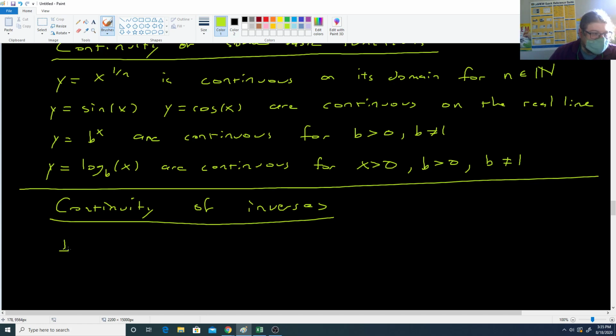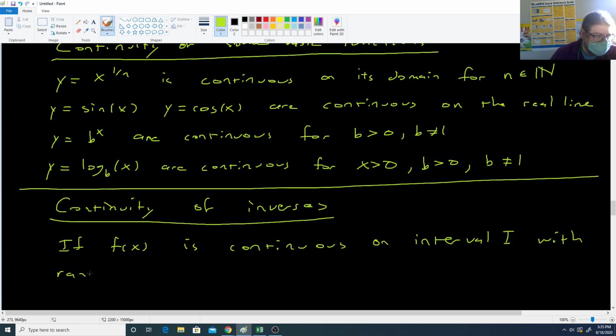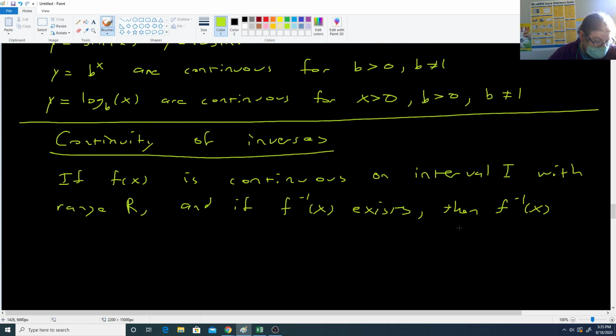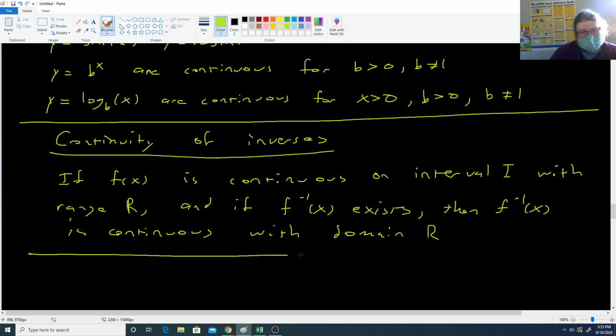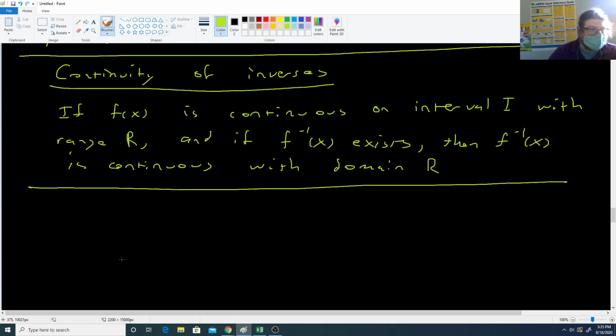So we're going to say if f of x is continuous on an interval I with range R, and if the inverse function exists, then f inverse of x is continuous with domain R. And that has to do with the range of the base function is the domain of the inverse from algebra 2.